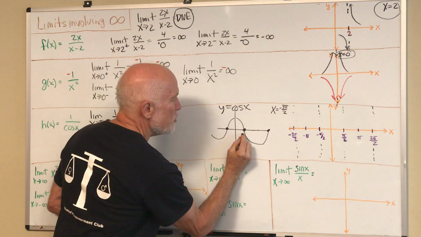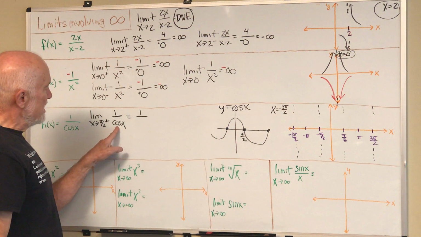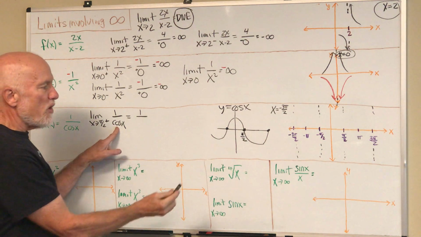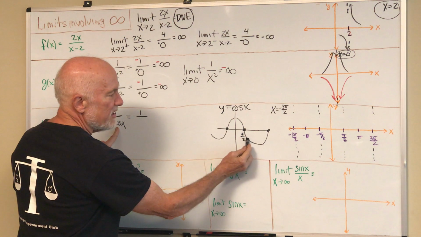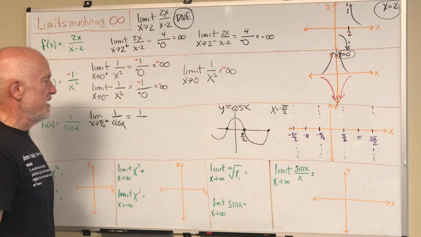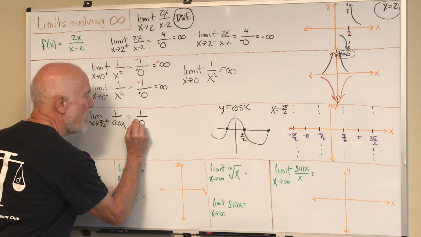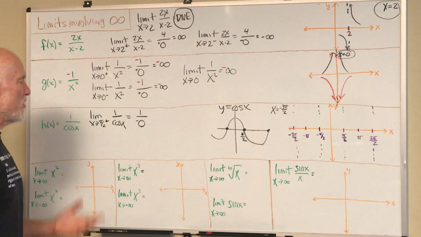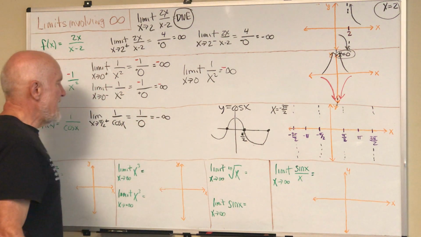Here's pi over 2, and what happens as you approach pi over 2 from the right. Look at it. As you approach it from the right, all these values are getting close to 0, but they're all negative. So you're going to approach a small negative number, so it's going to go to negative infinity.